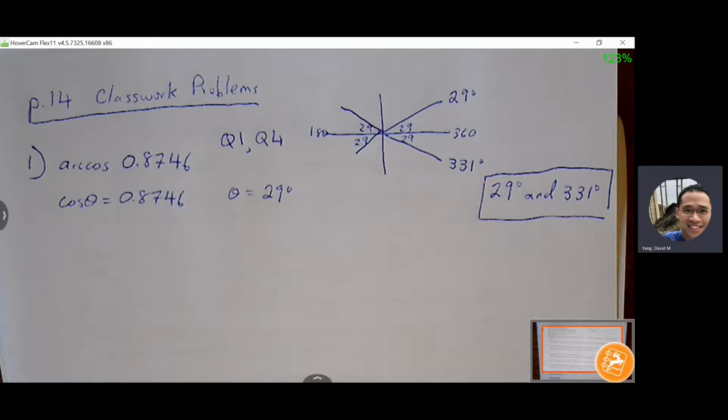So if you plug this in the calculator, it'll give you 29 degrees. If you know 29 degrees, that's really all you need, because that's the hard part, right? If you can get that 29 degrees filled in, then you're just figuring out which quadrant you want to be in. I want to be in the first and fourth quadrant. So I already have 29, I'm good there. So the other one is quadrant 4, so 360 minus 29.